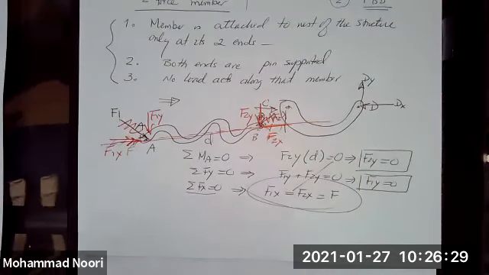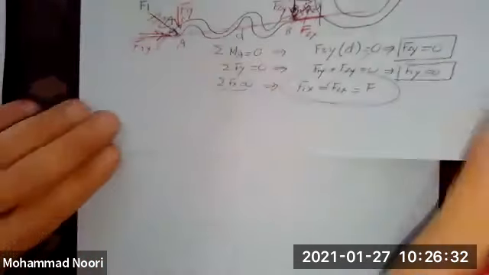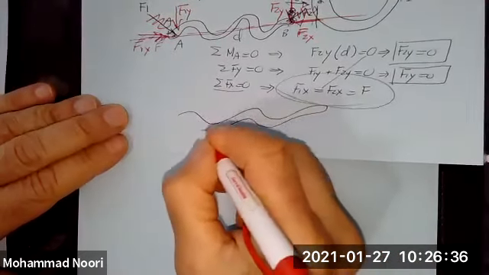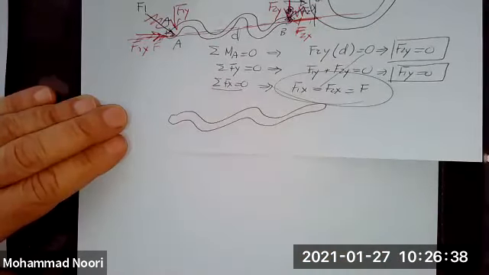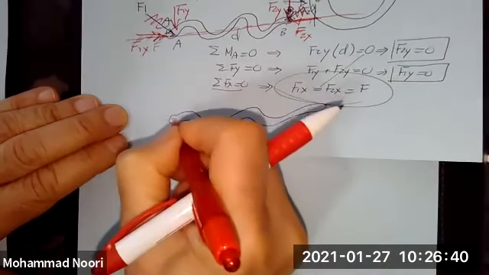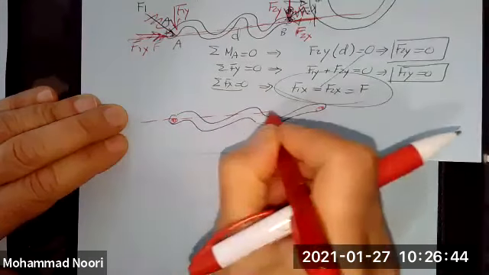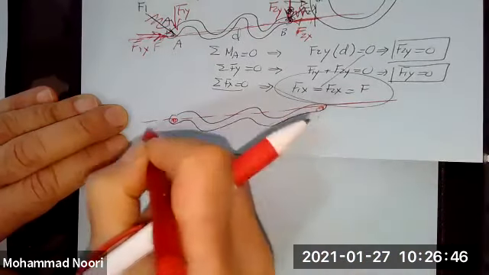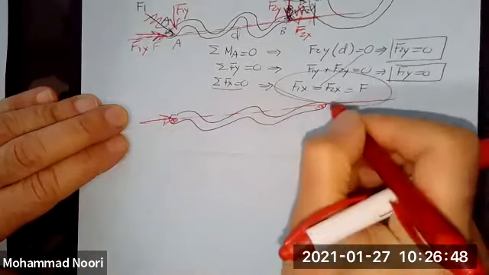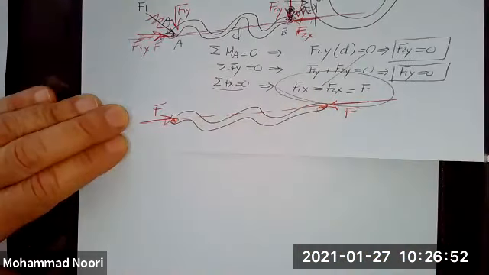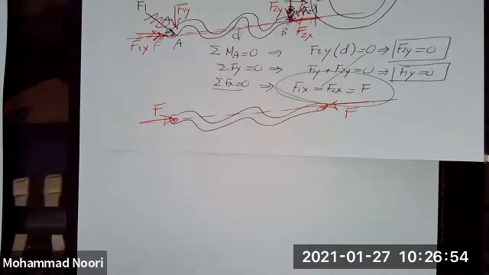So what I demonstrated is that for this piece to be in equilibrium, the only way it can be in equilibrium is that you have two forces acting along a line connecting the two ends, and these forces have to be equal in magnitude, opposite in direction.